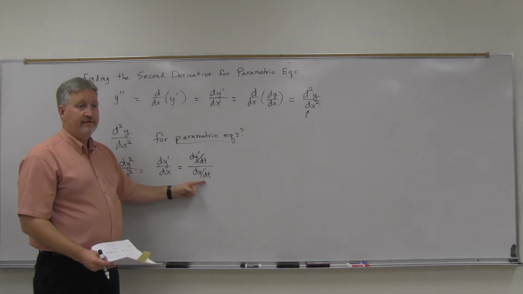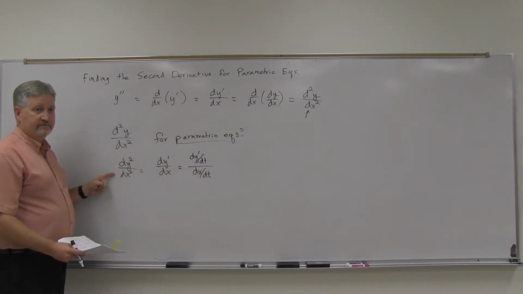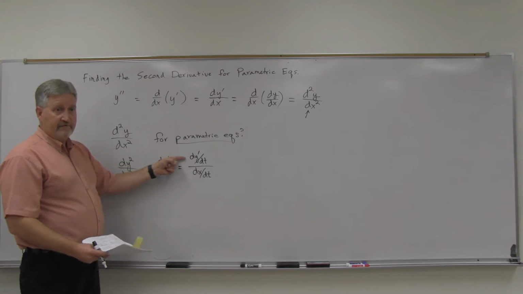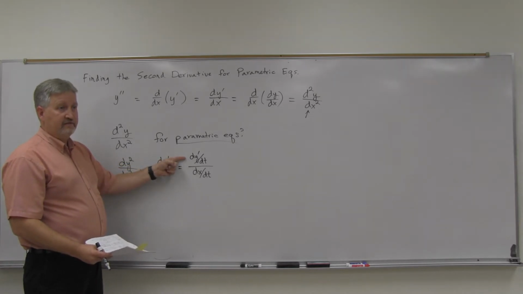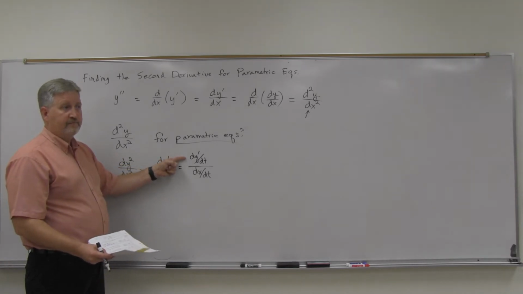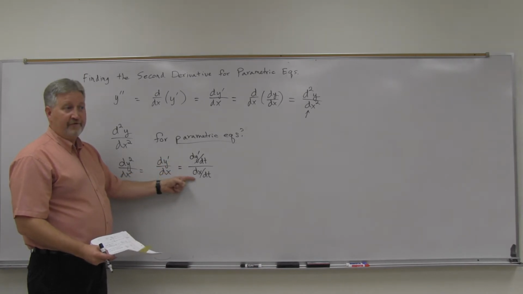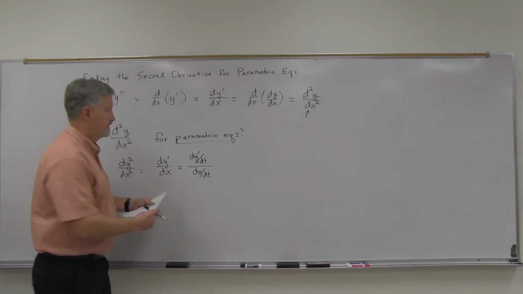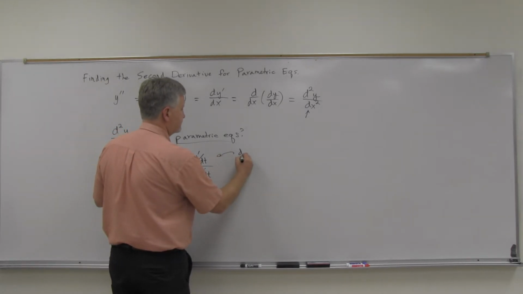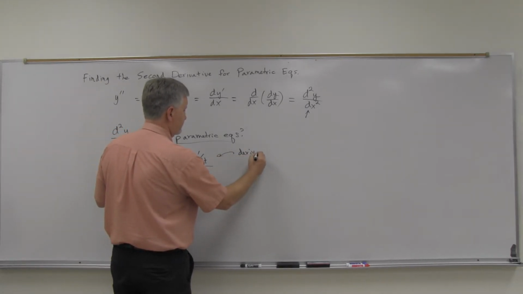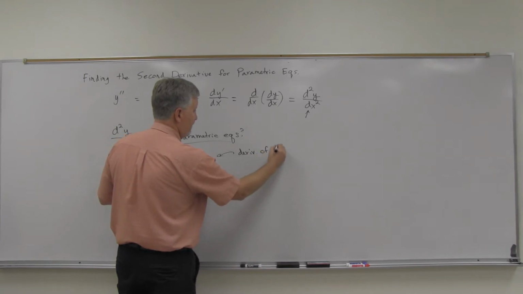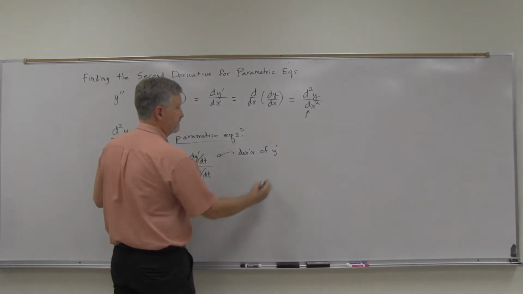So to get the second derivative, I do the derivative with respect to t again of my y prime. But then I also have to divide it by the derivative of x with respect to t again. Okay? So this is the derivative of y prime with respect to t.